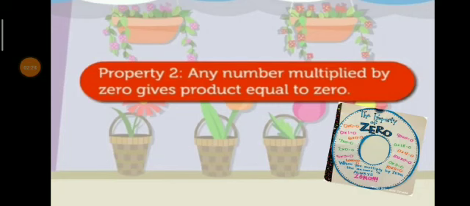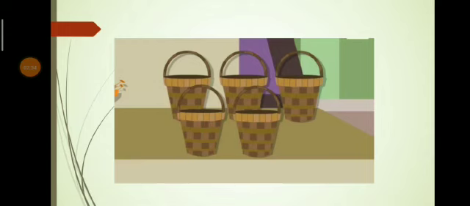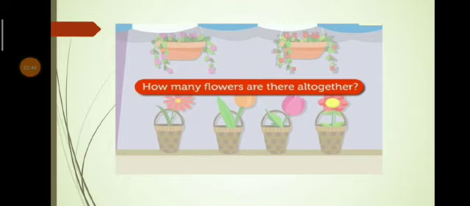Property 2. Any number multiplied by 0 gives product equal to 0. Students, look, there are 5 flower baskets and there are 0 flowers in each basket. How many flowers are there all together?